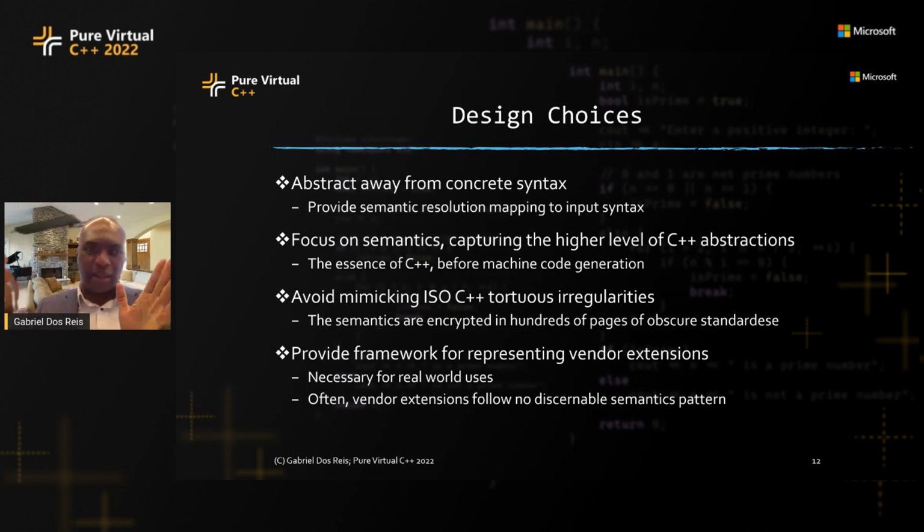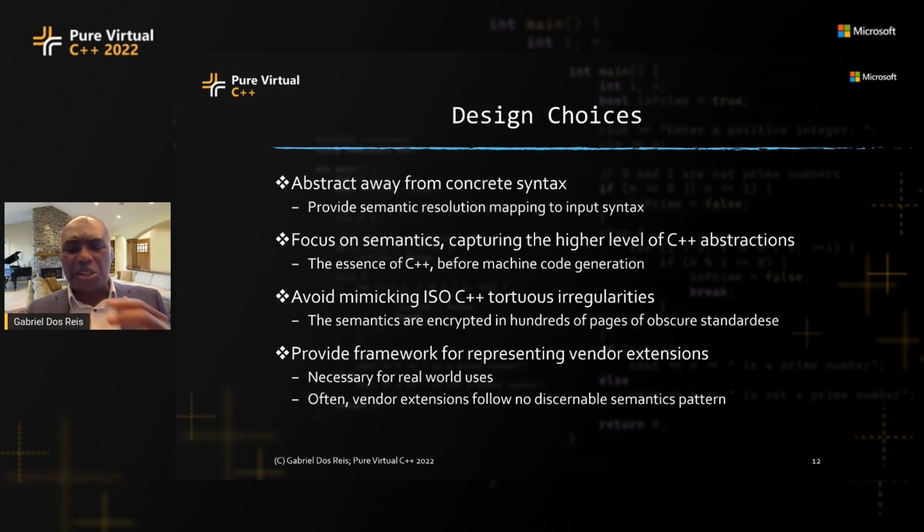And then you have a way to go from that mapping and reverse back to the concrete syntax. Again, you have to focus on the semantics, not the syntax. C++ has too many ways, for example, of initializing variables. Most of them differ very little by syntax. What you want is to capture the semantics so you can reduce the complexity.